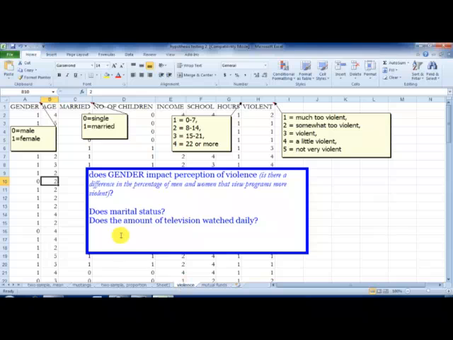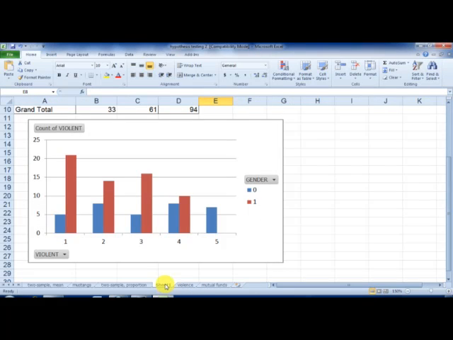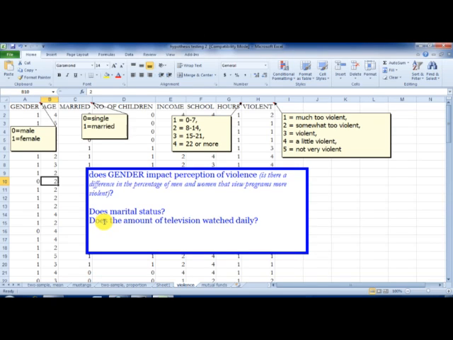The question is, does marital status impact the perception of violence? How do you want to take that? You could also do, does the amount of TV impact the perception of violence? So you could look at the people that don't watch TV hardly ever, or you could look at the people that watch lots and lots of TV and then see how the perception of violence plays out for those groups.